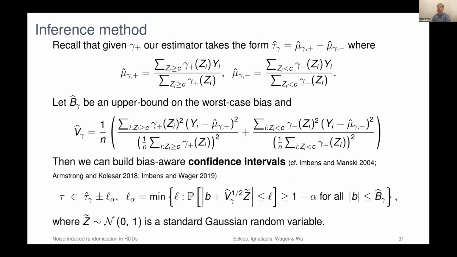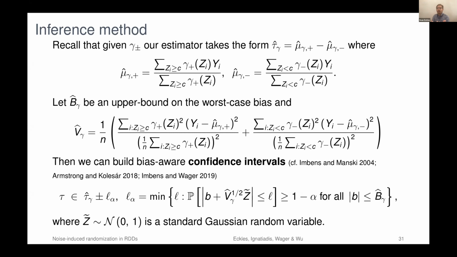Okay, so how are we going to do inference here? Say that we've selected these weights. How do we go about constructing confidence intervals? So given these weights, our estimator takes this form: it's the difference in these two weighted means. So we have, as we've considered before, this upper bound on the worst case bias.